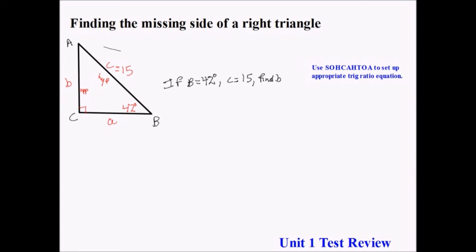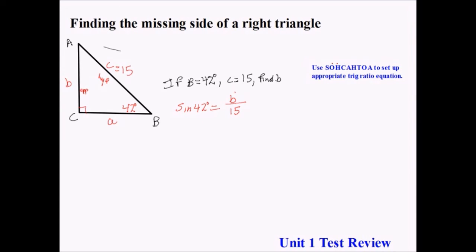So we're going to go ahead and leave A alone. We have opposite and we have hypotenuse. So in SOHCAHTOA, since we have opposite and hypotenuse, we need to use sine. So sine of the angle 42 is equal to the opposite side, B, over C, which is 15.